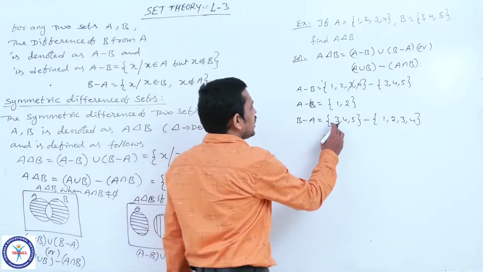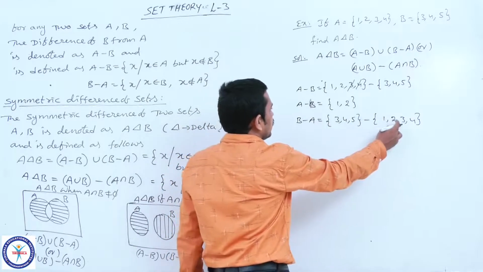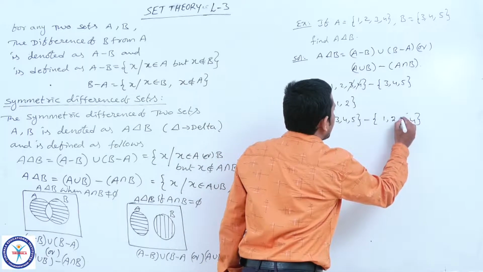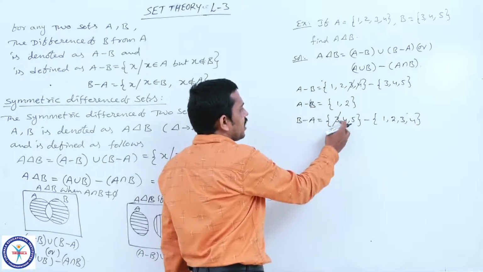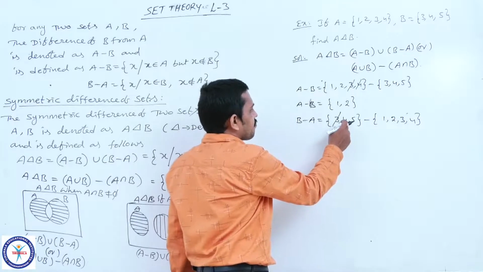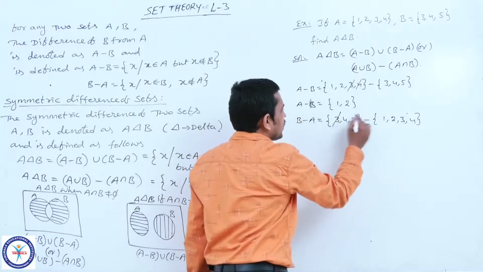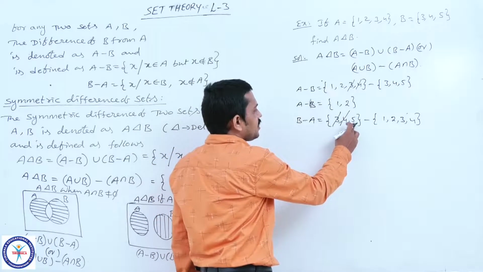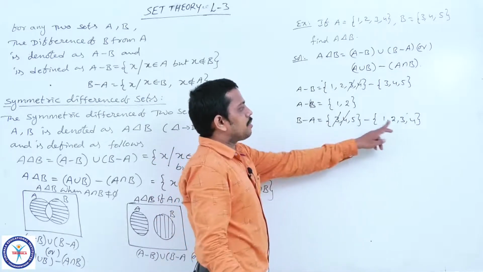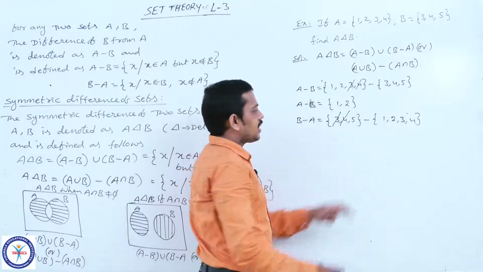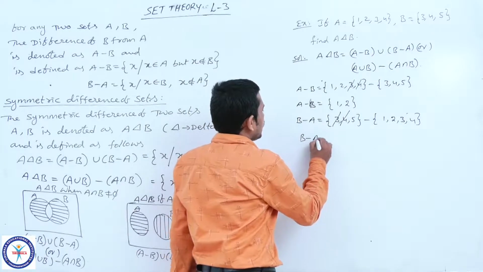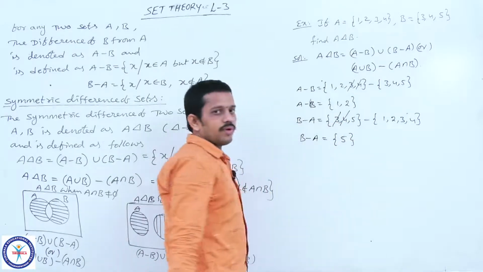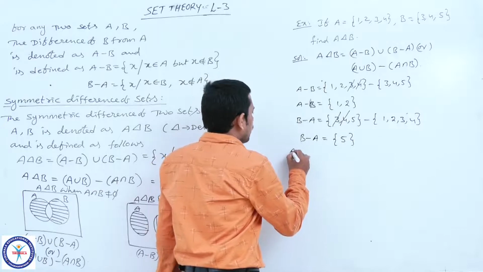Here 3 is an element of the first set, but it is also an element of the second set, so we eliminate 3. And 4 is an element of the first set as well as the second set, so eliminate 4 also. Then 5 is the only element of the first set but not an element of the second set. Therefore B minus A is equal to the singleton {5}.